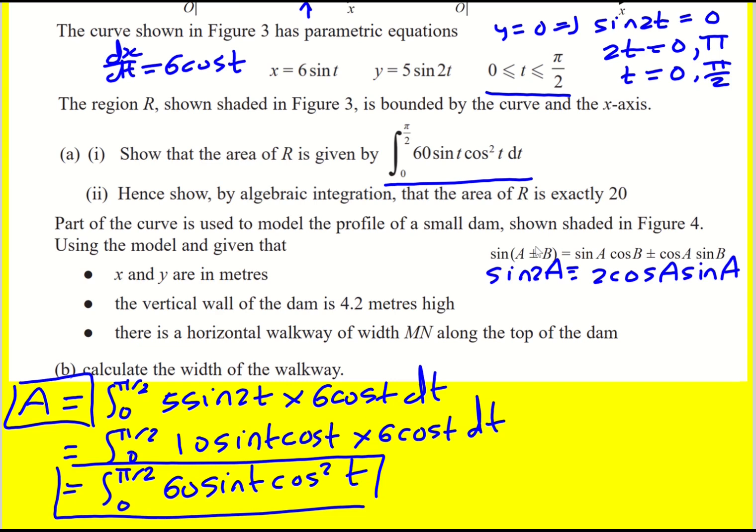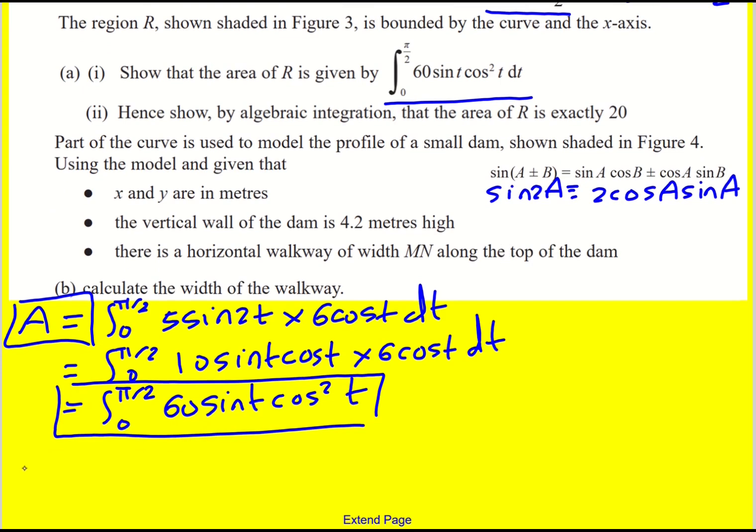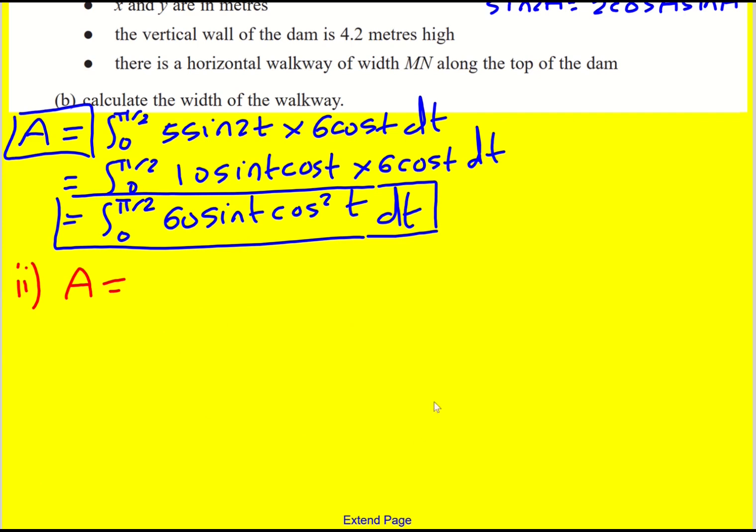We're then asked in part 2 to get this area, show that it's 20. Oh, sorry, I forgot the integrating with respect to t bit at the end. The best way to do this is actually inspection or reverse chain rule, however you want to call it.